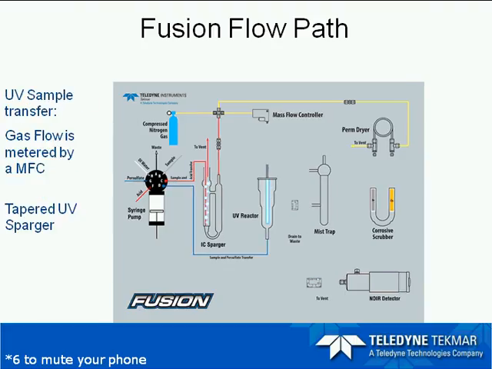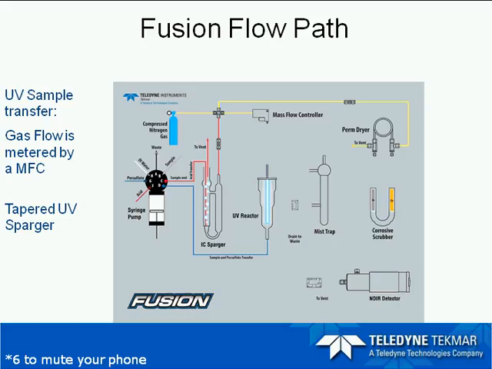Now, once we've dropped the pH and we've allowed enough time of analysis and sparging for the IC carbon to be vented to air, and the pH is down to 2 or less, we again move the sample from the IC sparger over to the UV reactor. You'll notice here that the UV reactor is tapered in the fusion.